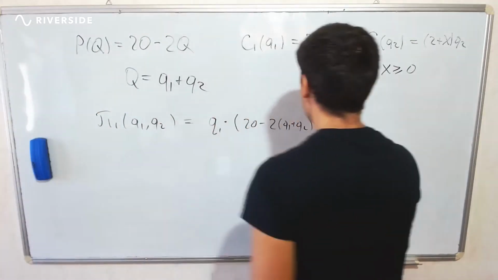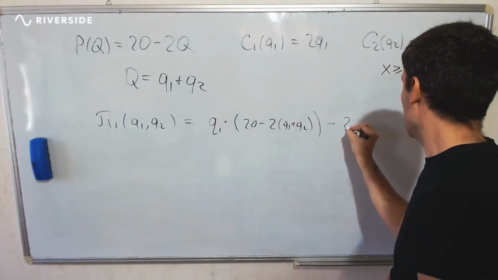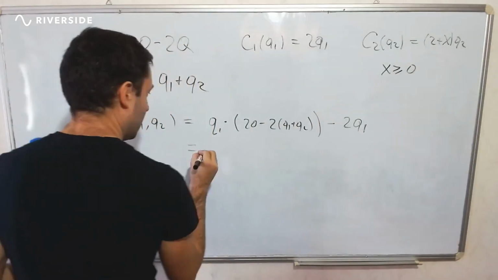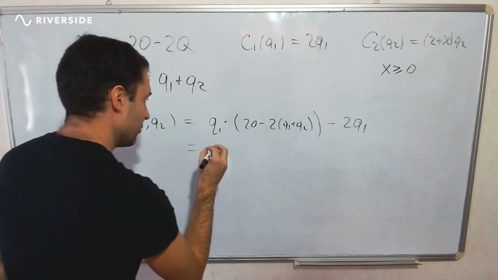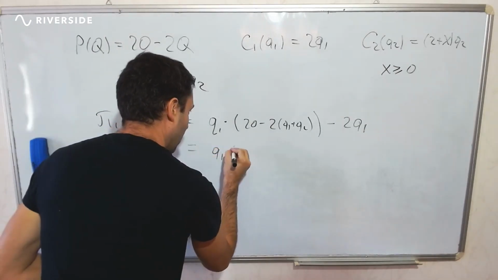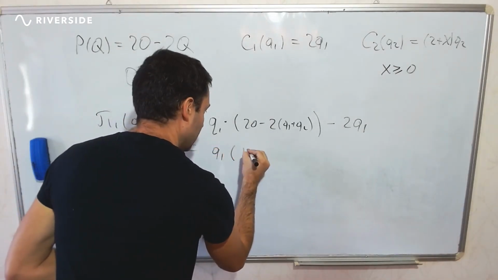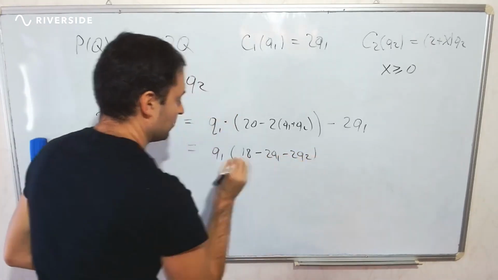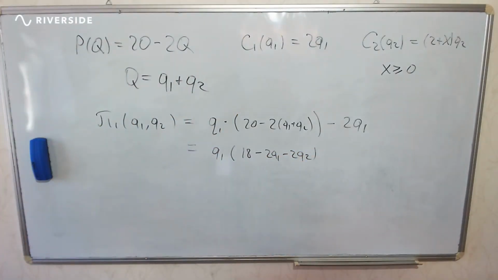So that's revenue, and then minus the cost of firm 1. If we work on it and simplify things, we will get Q1 times 18 minus 2Q1 minus 2Q2. So that's the profit function of firm 1.